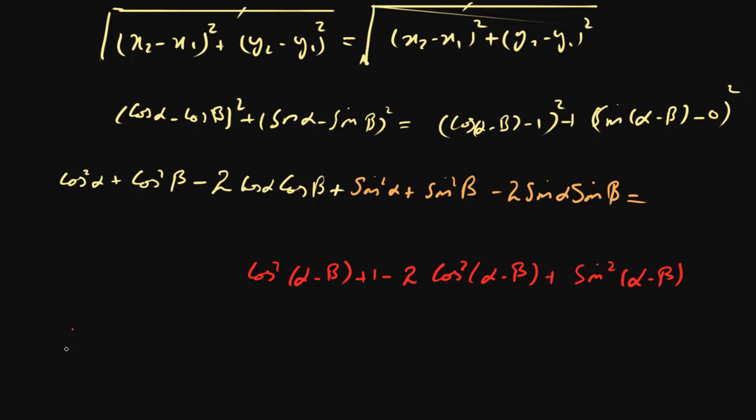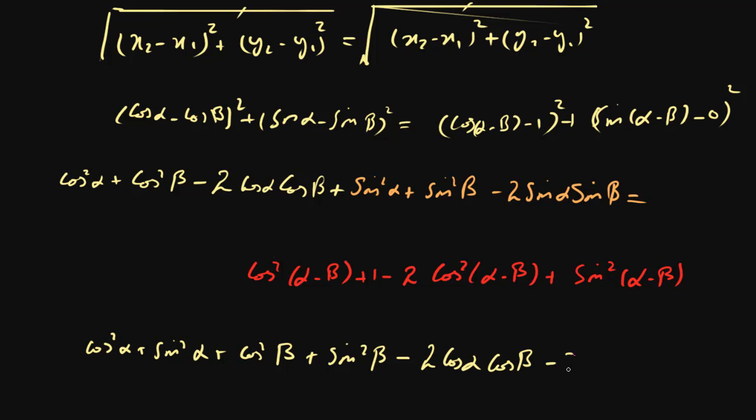So we write cos square of alpha plus sine square of alpha, plus cos square of beta plus sine square of beta, and minus 2 cos of alpha cos of beta and minus 2 sine of alpha sine of beta.